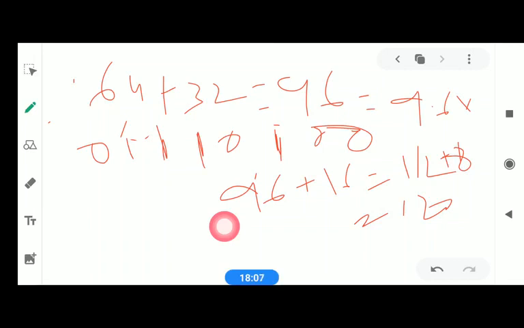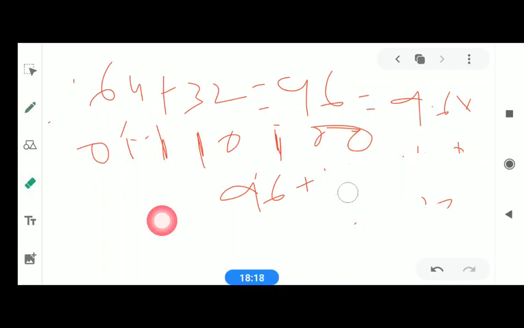This value in decimal is 116, that is 64 plus 32, 96 plus 16, 112 plus 4, so 116, whose value in analog is 11.6.